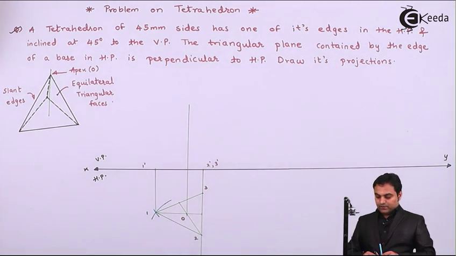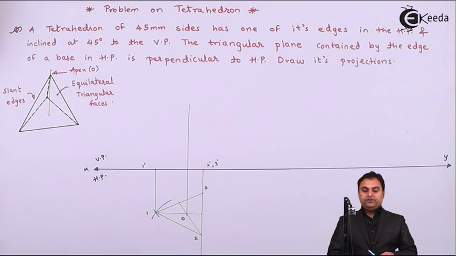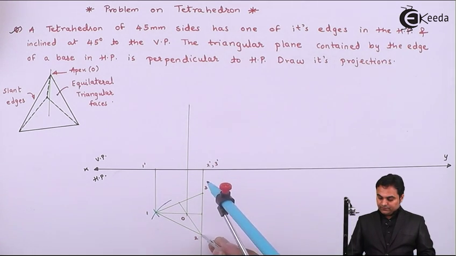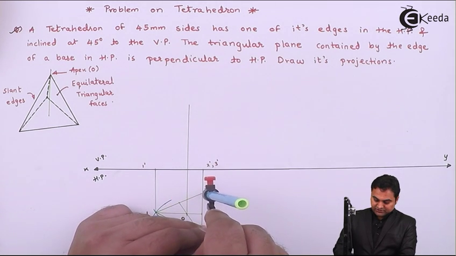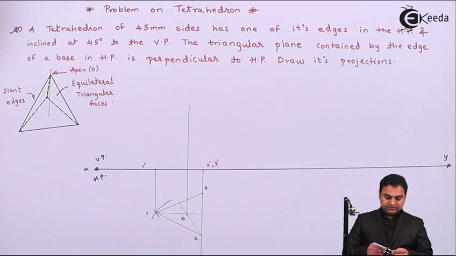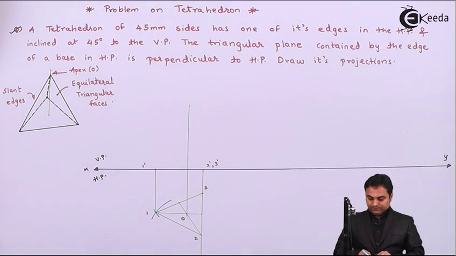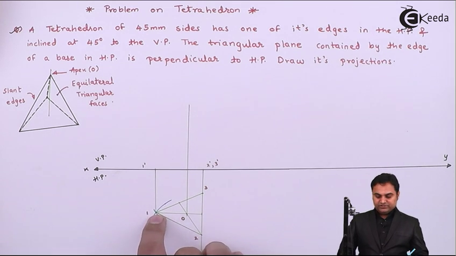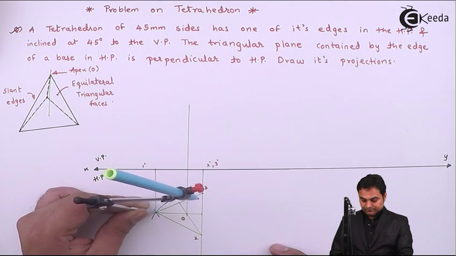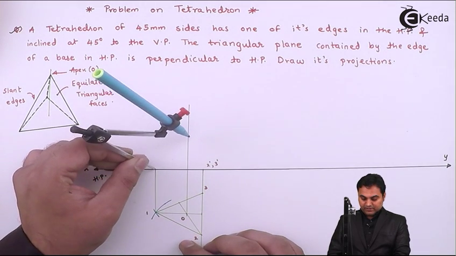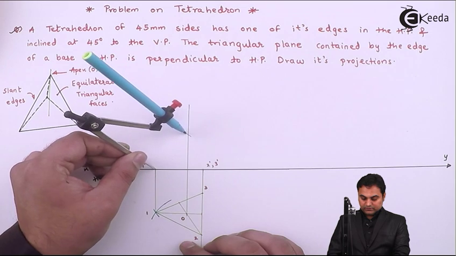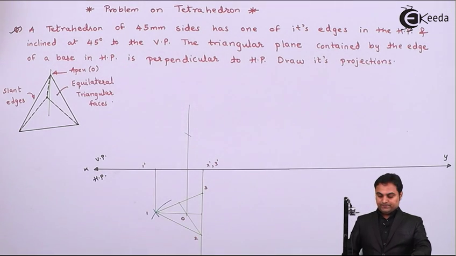Next I need the height of this tetrahedron, and for that purpose I am going to measure this 45 mm side, since it is an equilateral triangle. So therefore, from this point, which is the corner 1 dash, I am going to mark it on this line which is passing through the apex.